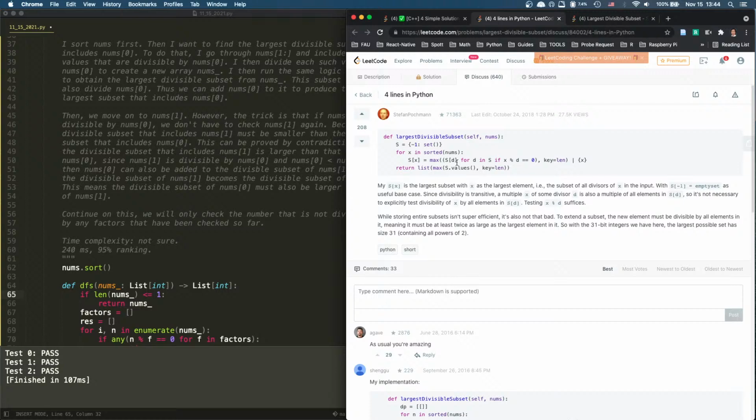For D in S, if x is divisible by D, then the maximum of this or x.